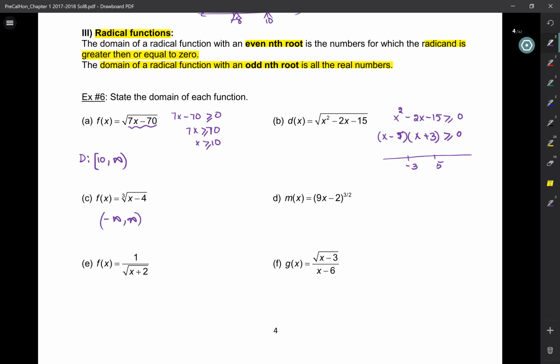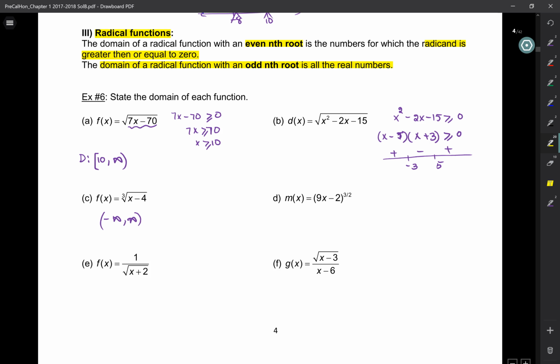Now, pick a representative number from the region on the left, something smaller than -3. -4. If you plug -4 in here, you get negative times negative, positive. Pick a number between -3 and 5, 0. If you plug 0 into the parentheses, you get negative times positive, negative. And if you pick a number greater than 5, you get positive everywhere.